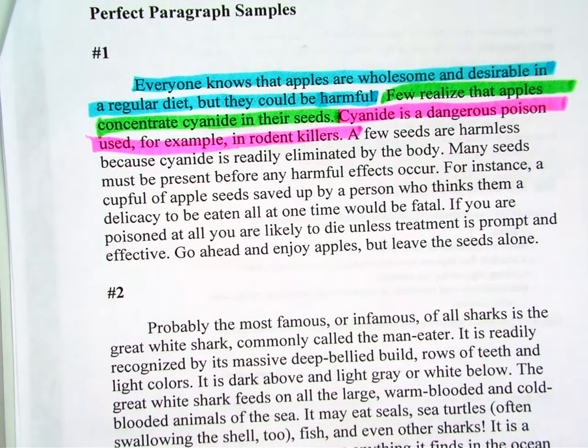Next, a few seeds are harmless because cyanide is readily eliminated by the body. What would this be considered? Another elaboration. Okay.